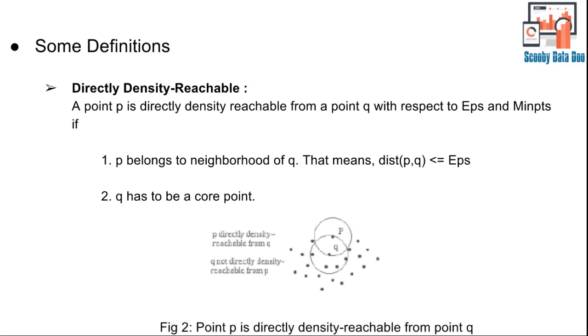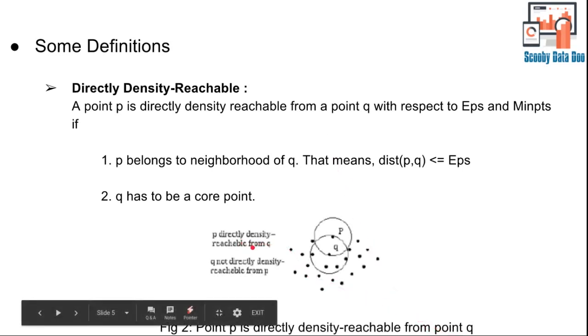Before moving on, we can check the figure here. As you can see, P is directly density reachable from Q, but Q is not directly density reachable from P. Why so? Because Q is a core point here. See, Q is sharing neighborhood with many points.